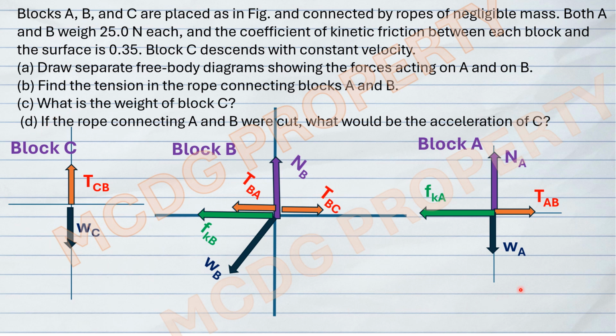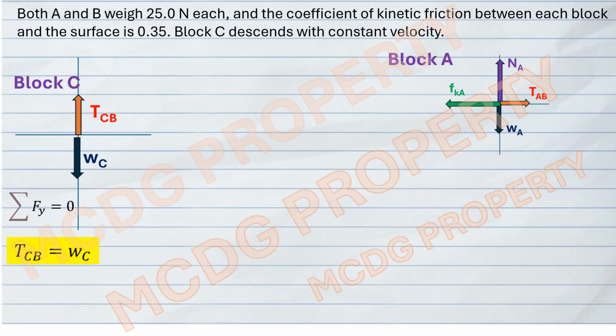So shown here is a summary of all the free body diagrams of the forces acting on block C, block B, and block A. Now, since we already know and identify all the forces acting on each block, we now use Newton's laws of motion to solve for the tension that connects all the blocks.